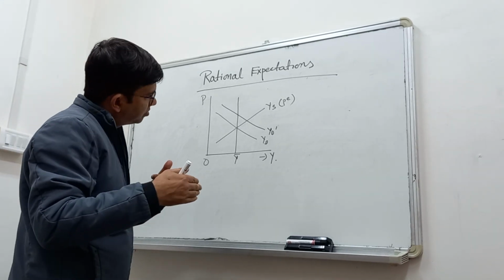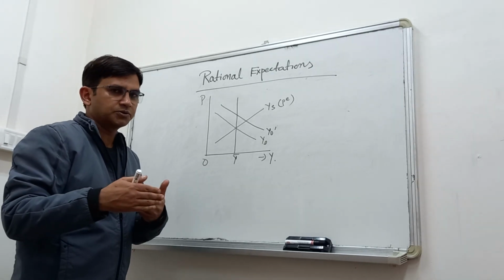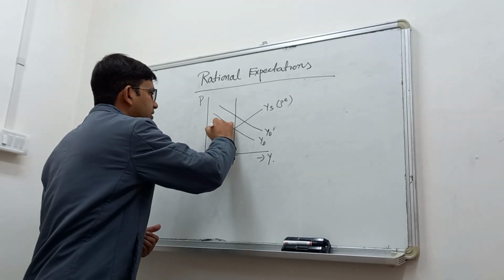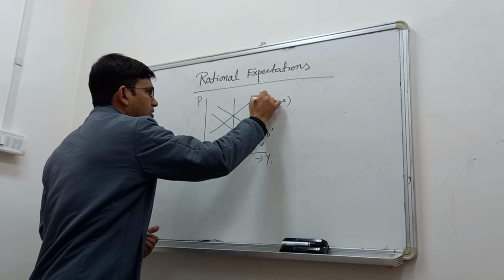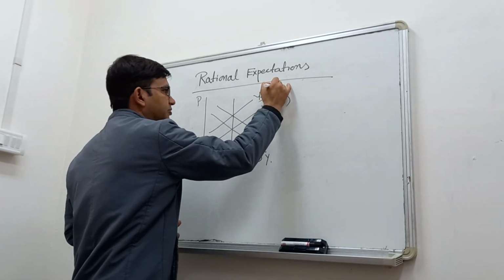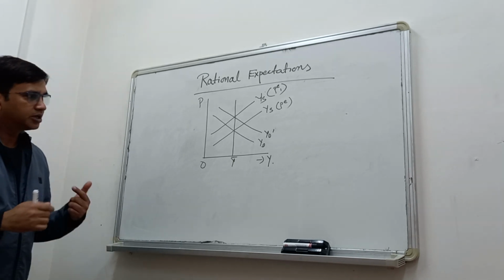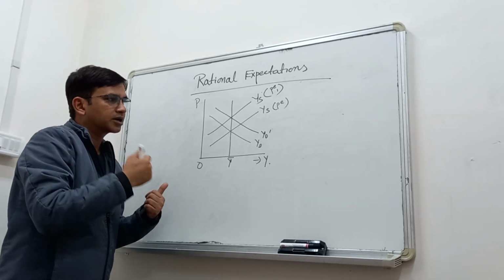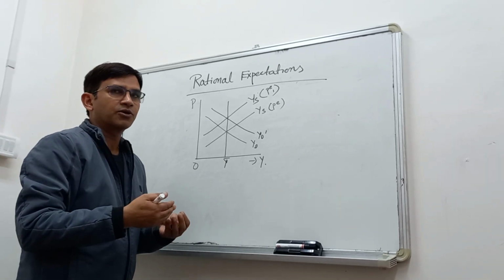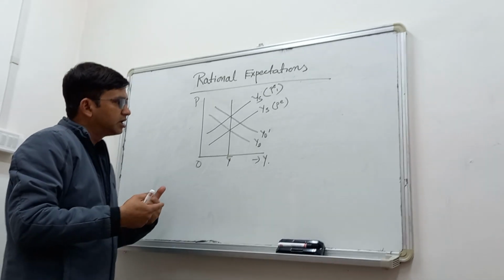The different agents also charge price accordingly, and aggregate supply curve will shift leftward on the basis of higher expected price. So here what we can see, the workers and all the agents in the economy, they behave rationally on the basis of the information.